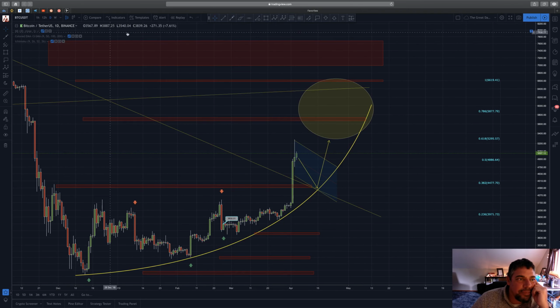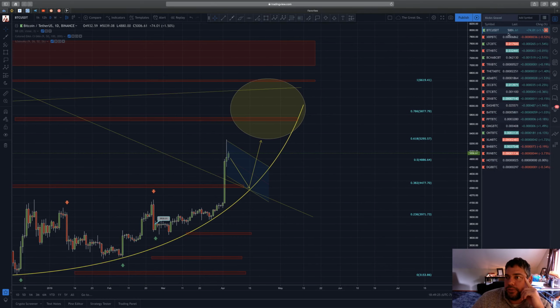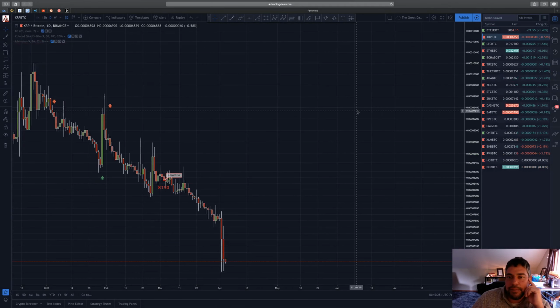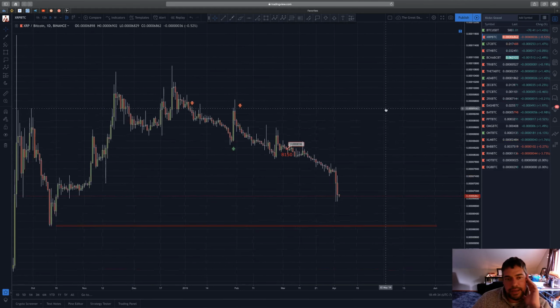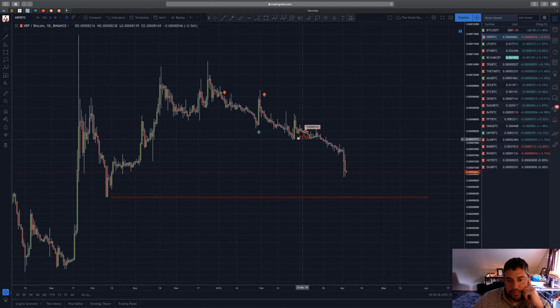All right, so that's Bitcoin. Let's move into some other favorites. XRP. People love XRP. Well, I'll tell you what. This XRP is not getting any love right now. Look at this. Look at this nastiness. Yuck.